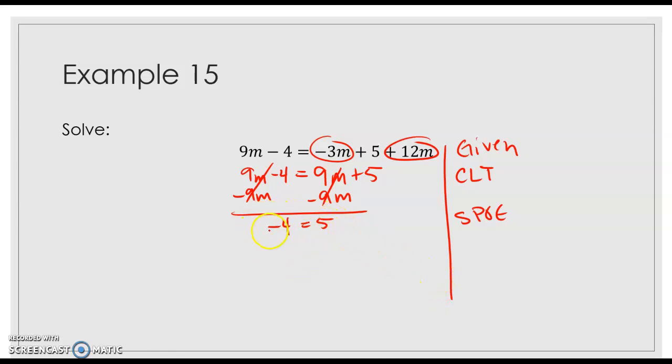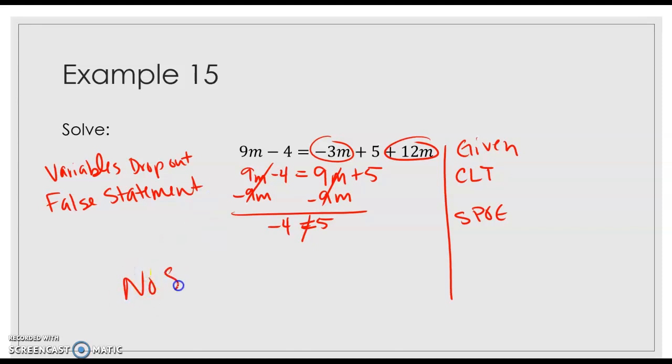But now that I got here, the difference from the last one is negative 4 does not equal 5. And so for this type of problem, if our variables drop out, and it is a false statement, or not true, right? Negative 4 does not equal 5.